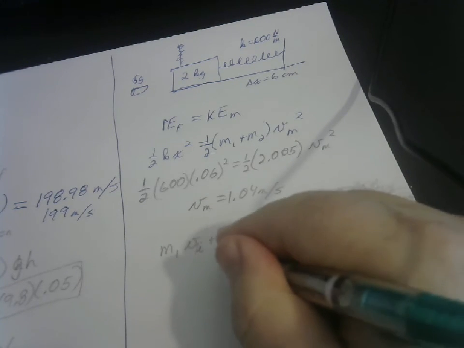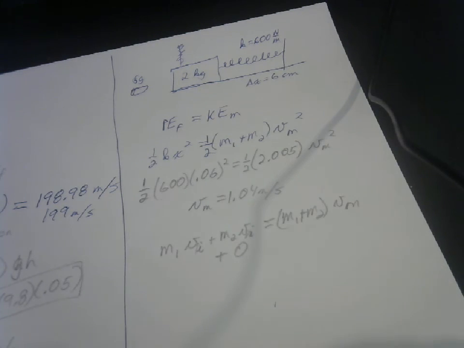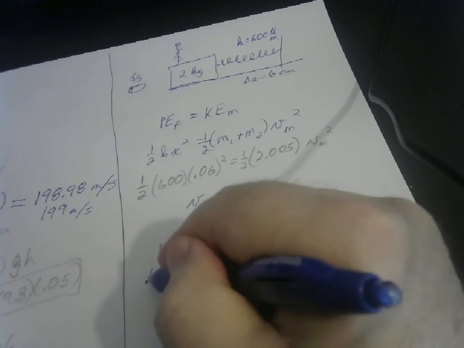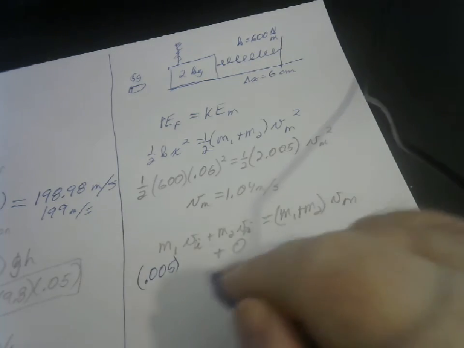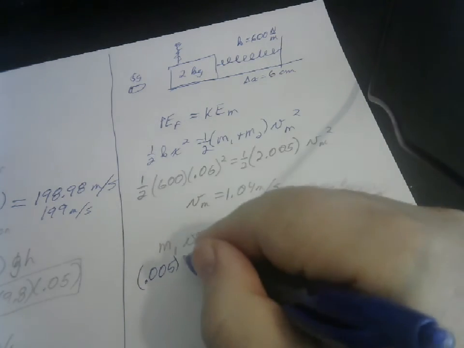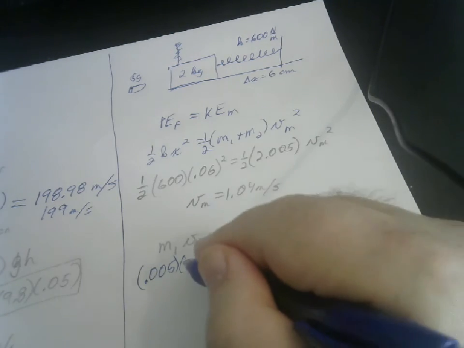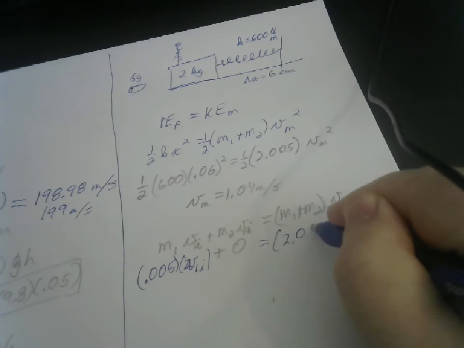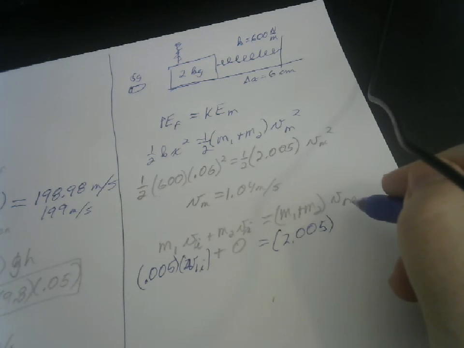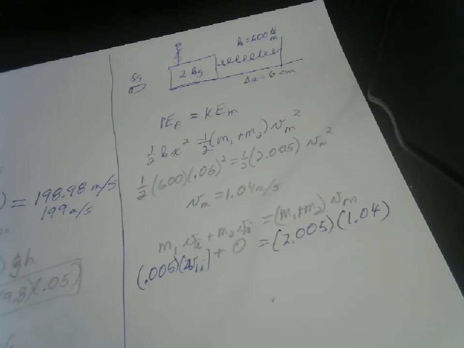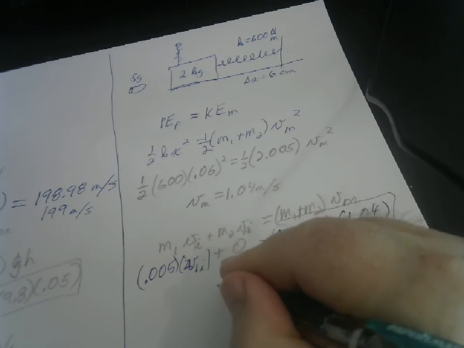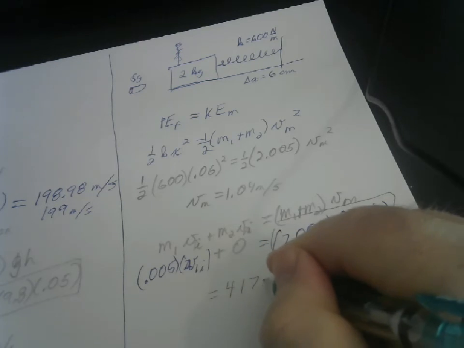This part is 0 because the block is not moving, and this will be 0.005 times v1 initial. We don't know that yet. v1 initial plus 0 equals 2.005 times 1.04. Then we divide this quantity by 0.005, and we get 417 meters per second.